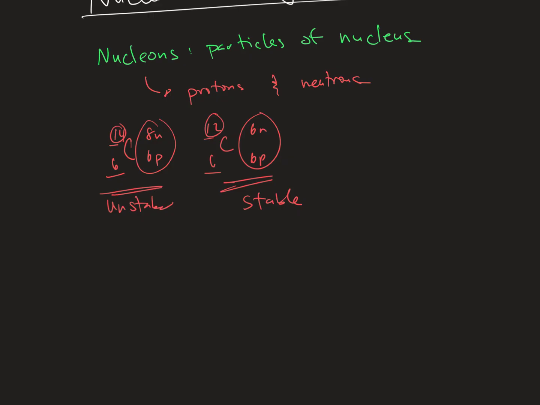The majority of carbon is what isotope? Carbon-12. How do we know? Who's stable? Sure. And the atomic mass of carbon is 12.01. Really, really close to 12. Why is it not exactly 12? Because there's other stuff, right? There's other isotopes. You remember this, guys? Okay. So for this exam, I'm not going to have you calculate the atomic mass. We already did that.